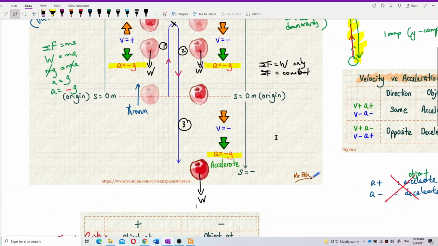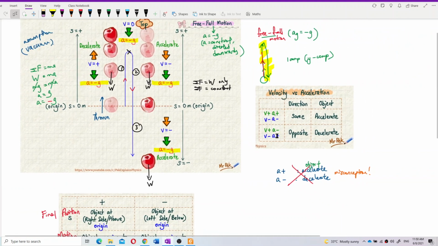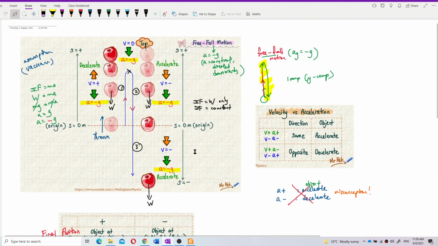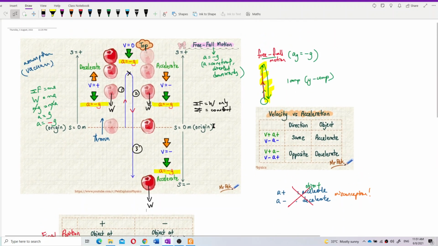Okay, are you clear now? That's about free fall motion. So remember, for displacement you always need to refer to the origin. For the first and second parts, the displacement is positive. For the third part, displacement is negative because it is below the origin.